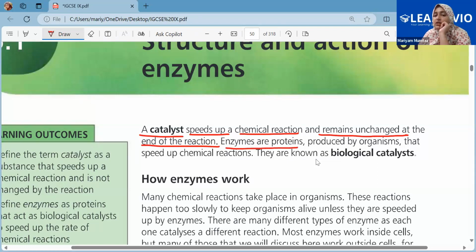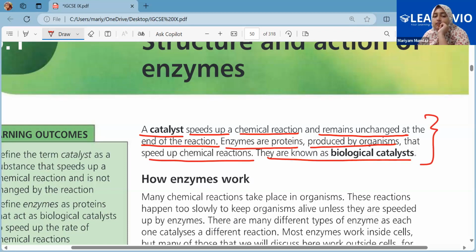Enzymes are proteins produced by organisms that speed up chemical reactions. So they are known as biological catalysts. Do you remember me telling you this thing about the enzymes? Yes or no?